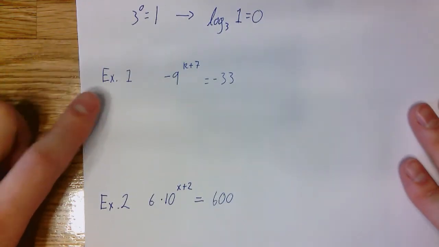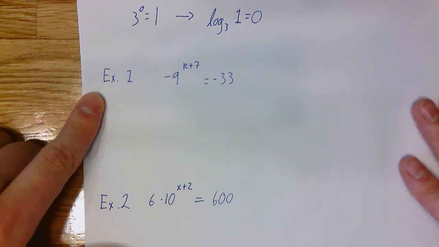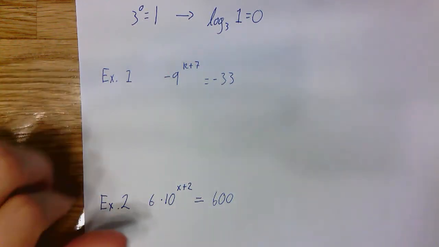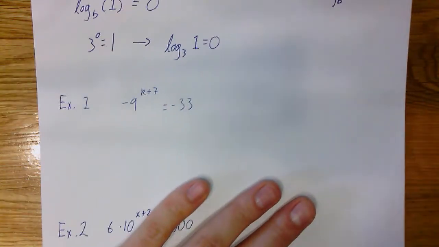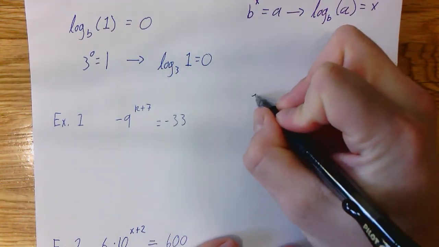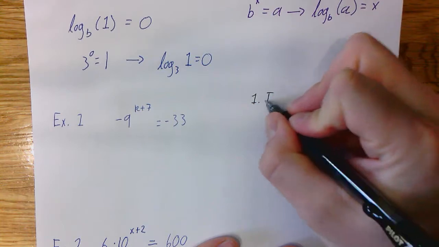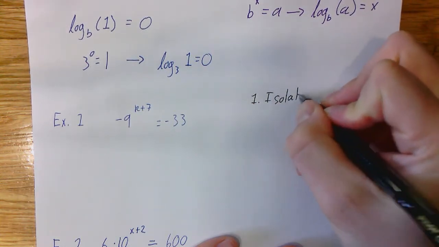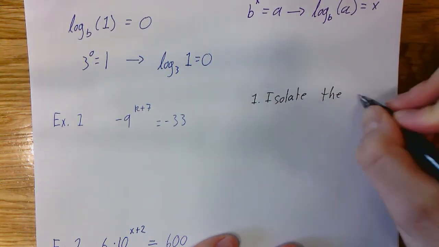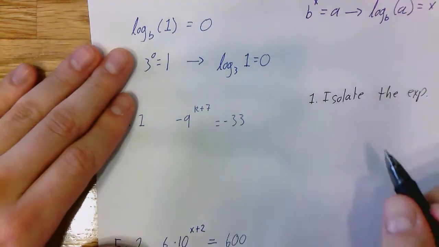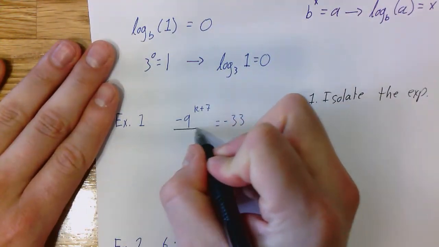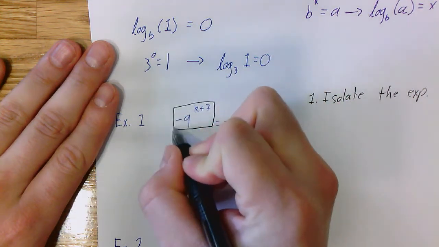Example number 1, this one is really straightforward. Your very first step for all of these problems, step 1, is to isolate the exponential. I'm not going to write out exponential because I can't spell. The exponential is the base with the exponent on it.